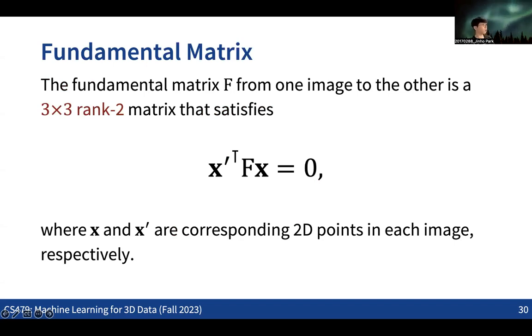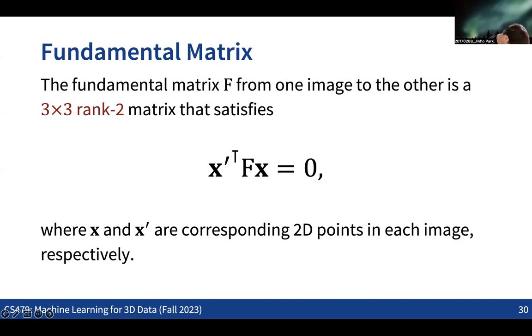Based on this, we can define the fundamental matrix F, which is a 3x3 matrix that satisfies this. When you have corresponding 2D point pairs x and x prime in the different views, if we find a matrix F that satisfies this constraint, then this matrix becomes the fundamental matrix.